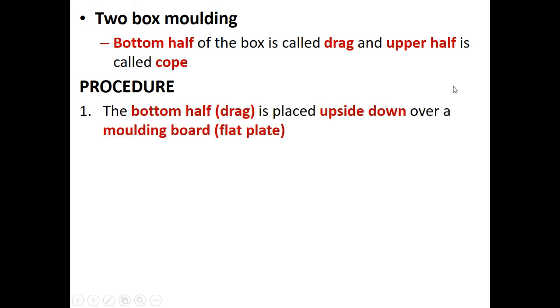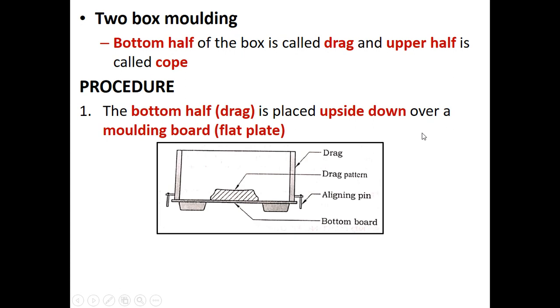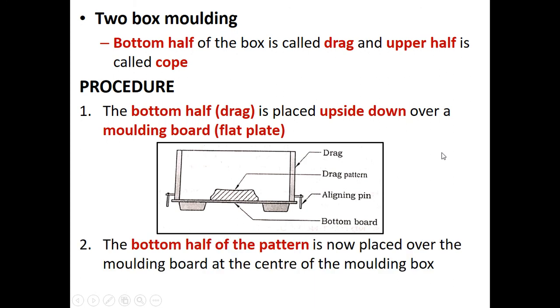Let's see the procedure. The first step is that the bottom half, that is the drag, is placed upside down over a molding board, as shown in this picture. You can see the bottom board here, and you place the drag part upside down over a flat plate.